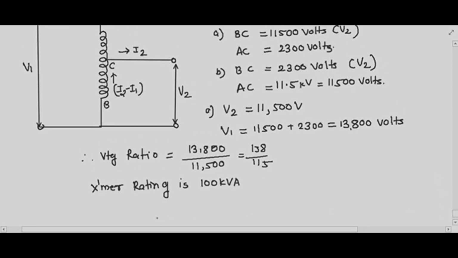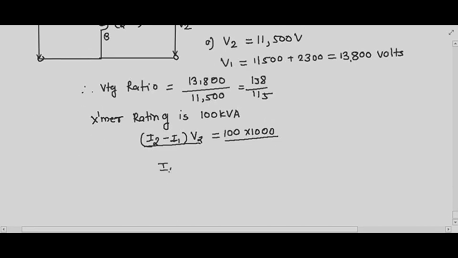So I can write down from this, on the secondary side, (I2 minus I1) into V2 equals 100 kVA. I will convert that into volt ampere. So I2 minus I1 equals 100,000 divided by V2.